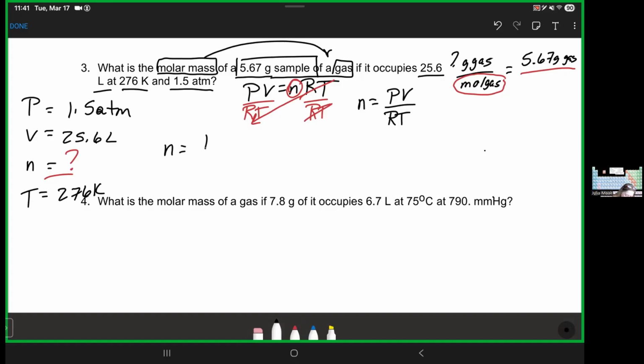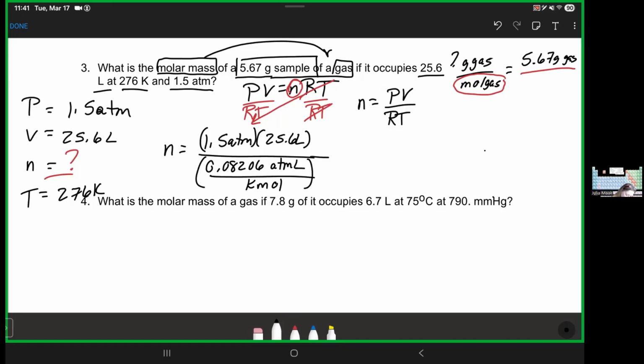So my N is equal to my pressure times my volume divided by my R, 0.08206 atm liters over K mole. And my temperature was the 276 K. And we see our atms cancel, liters cancel, Ks cancel, mole is on the bottom of a fraction. It comes to the top, so we're left with moles.